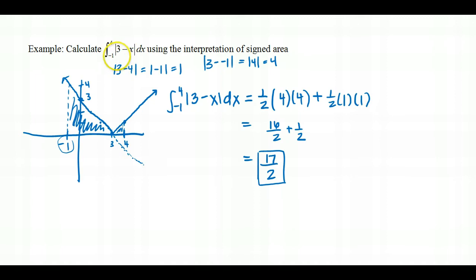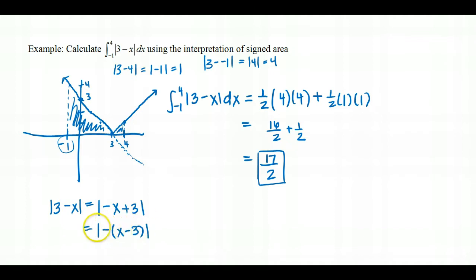And just in case you didn't want to graph the function the way I did, if you really wanted to, you could graph this function, the absolute value of 3 minus x, using some translations, but we would have to rewrite it as -x plus 3. So I'm switching the place of 3 and -x, and then I can factor out a negative, so I end up with -x minus 3.